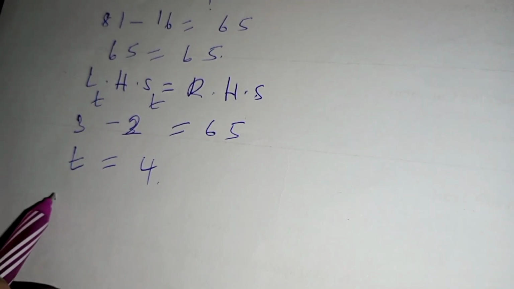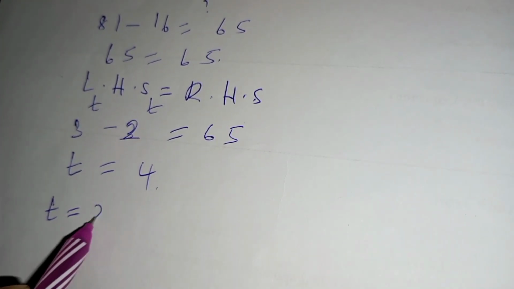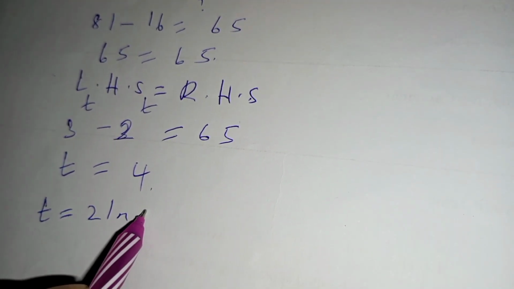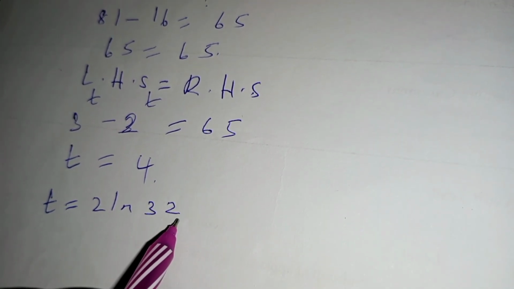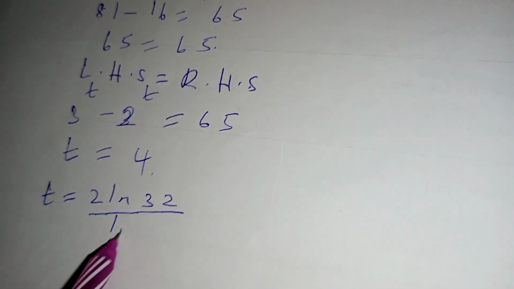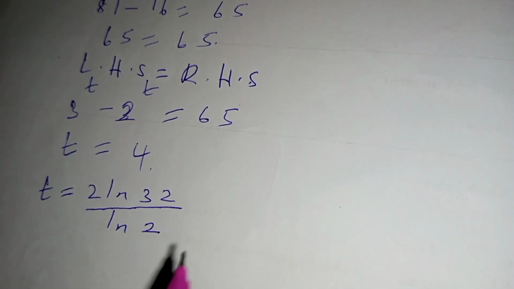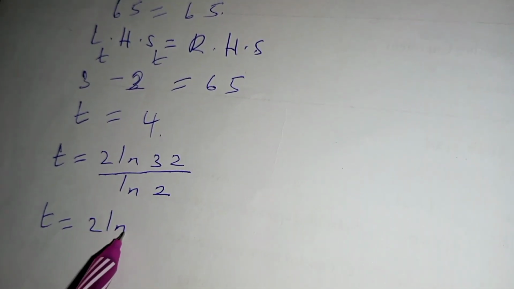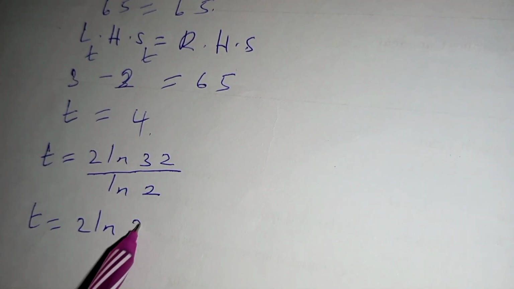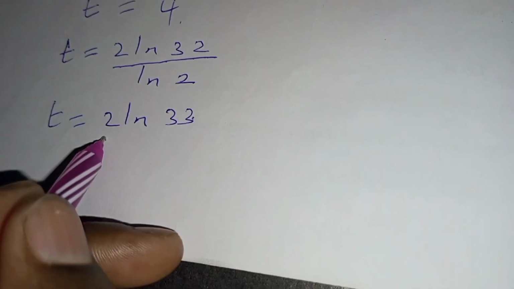Or also you obtain t being equal to 2 ln of 32 divided by ln of 2, or t being equal to 2 ln of 33 divided by ln of 3.